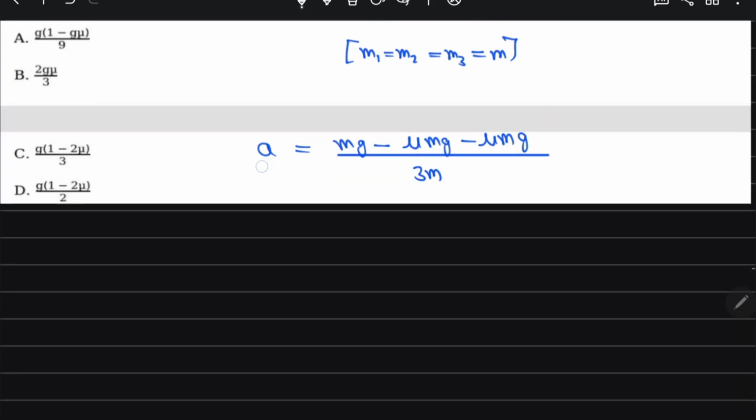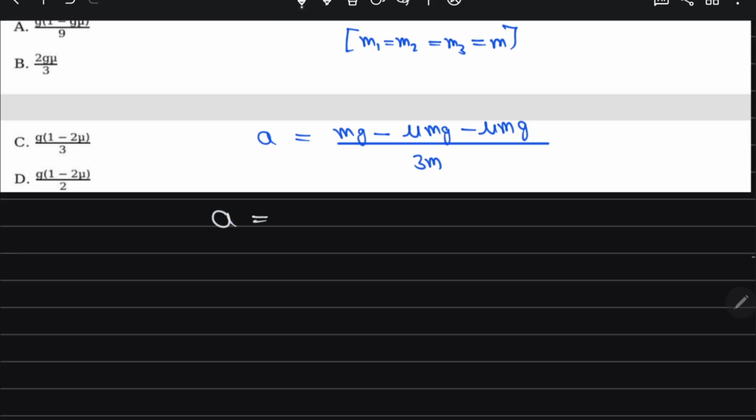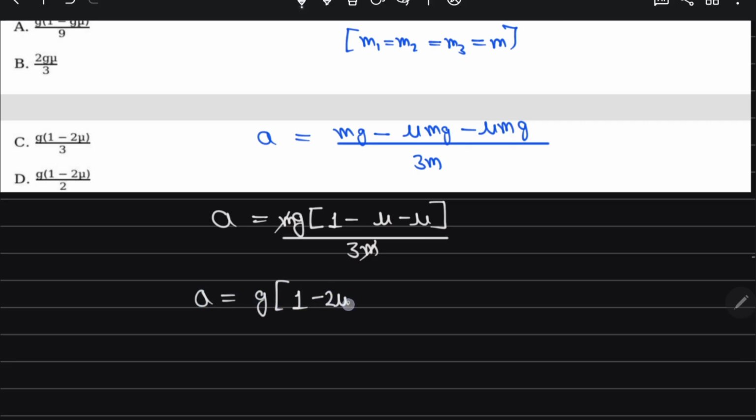Then if I take m common, they are going to be cancelled. So g, and also I take mg common, so 1 minus 2 mu, divided by 3m. So the acceleration comes out to be g(1 minus 2 mu) divided by 3.